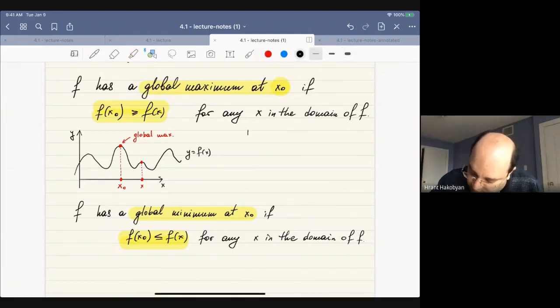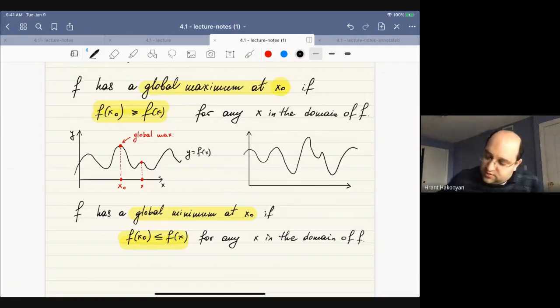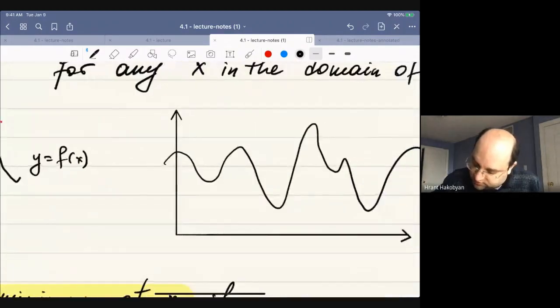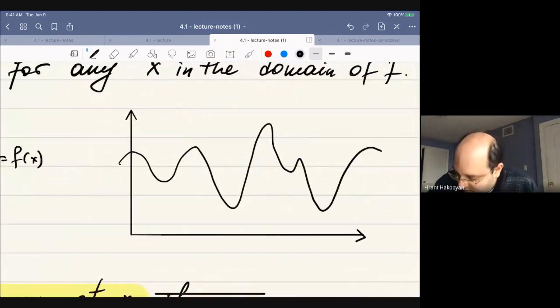So if I draw this graph here, okay, so here I have that graph, and that's the graph of my y equals f of x again.